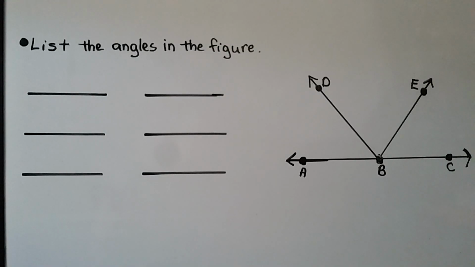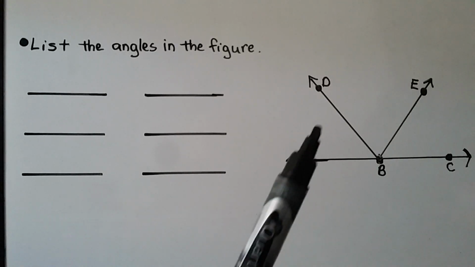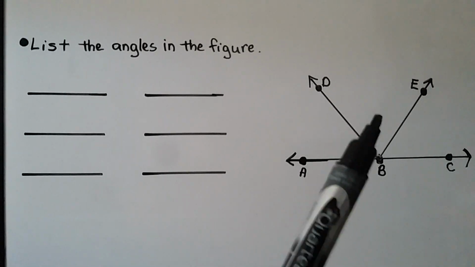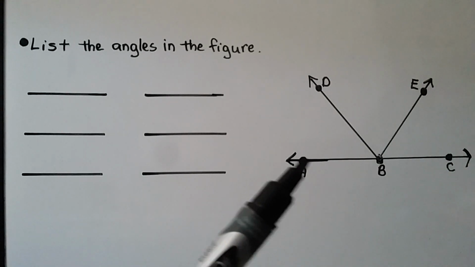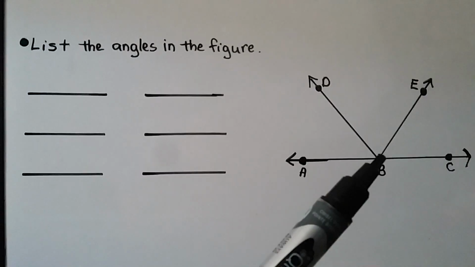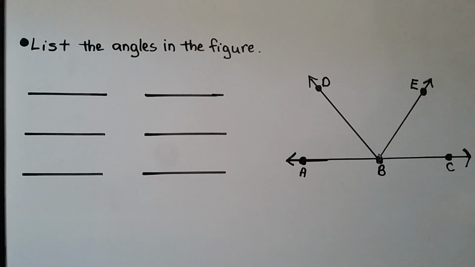We need to list the angles in this figure. So right away you can see here's an angle, and here's an angle, but there's actually more angles than that. We can list angle ABD, where B is the vertex.